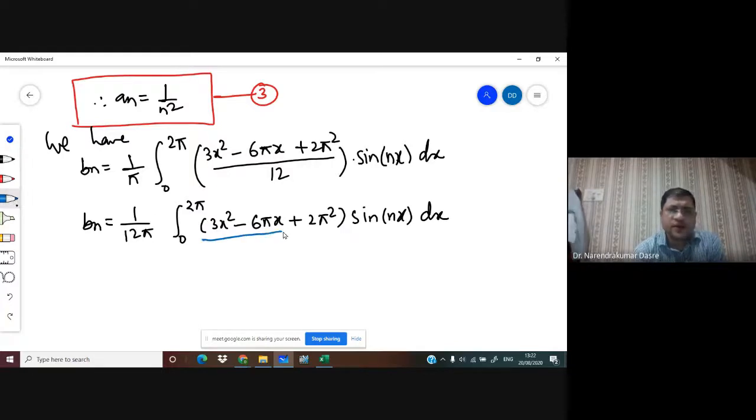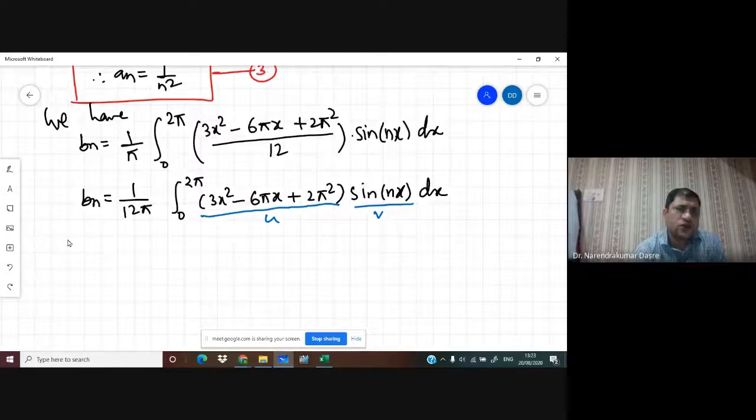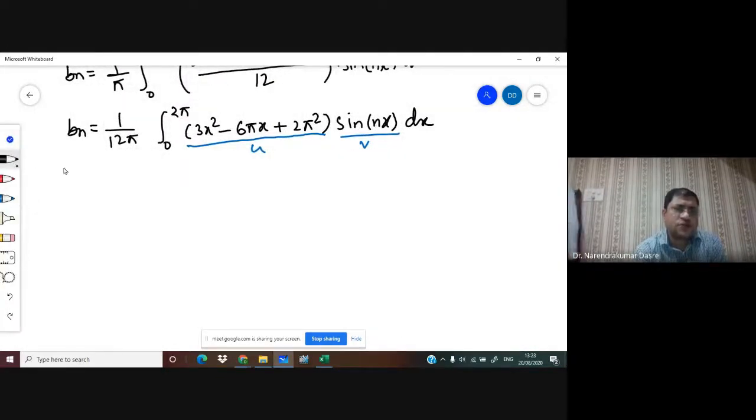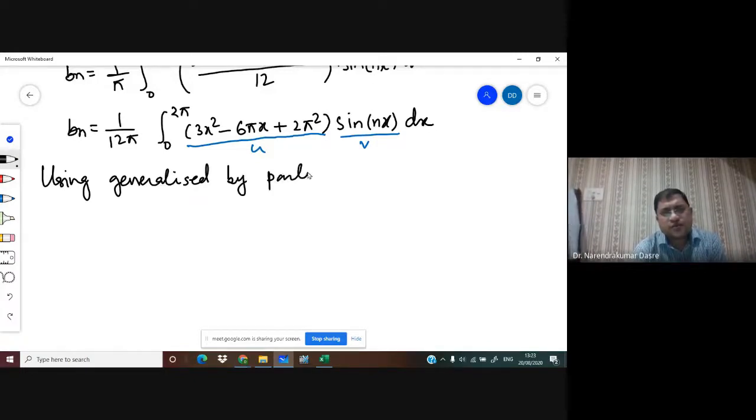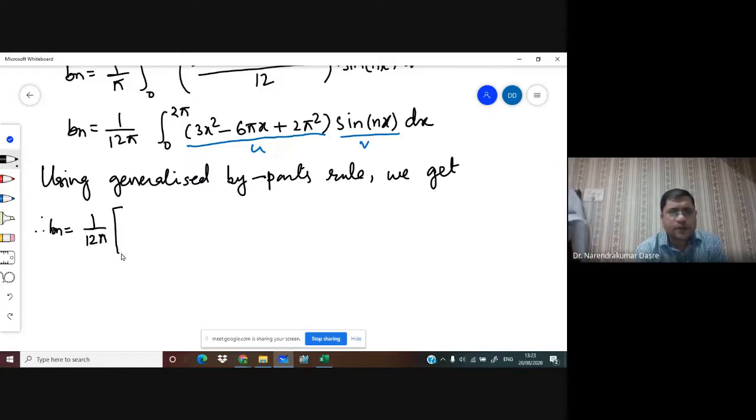Now we can again use the u into v rule. So we can use the generalized by parts rule. Using the generalized by parts rule, we get bn is equal to 1 upon 12π.